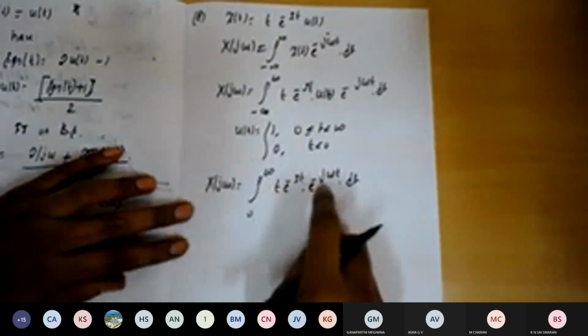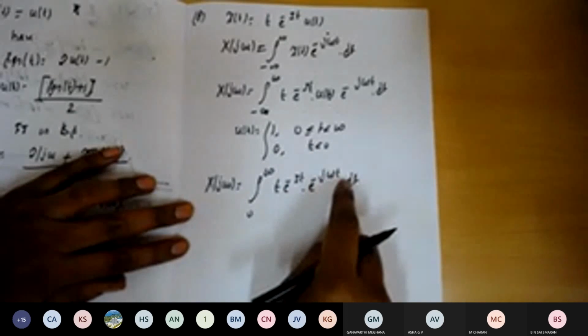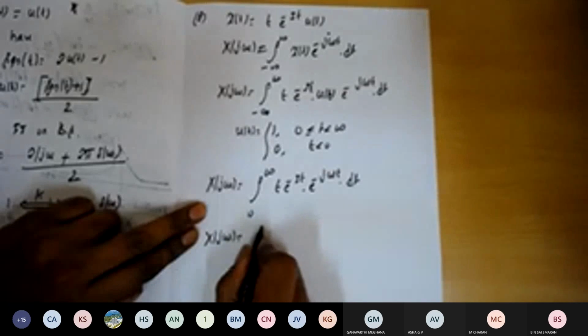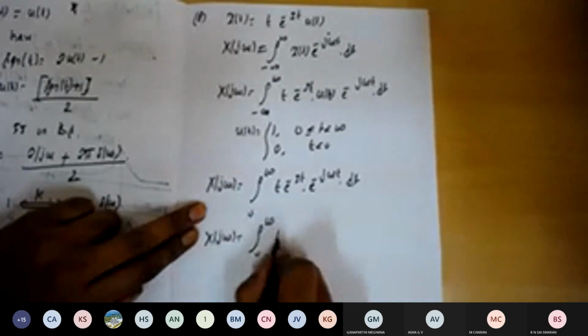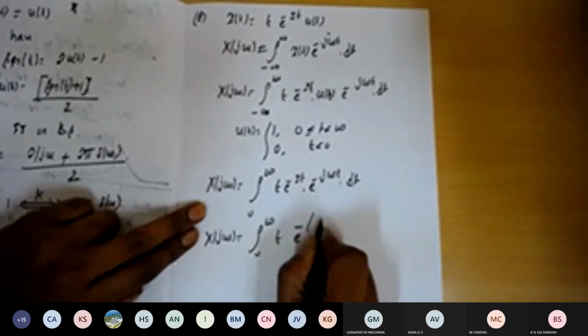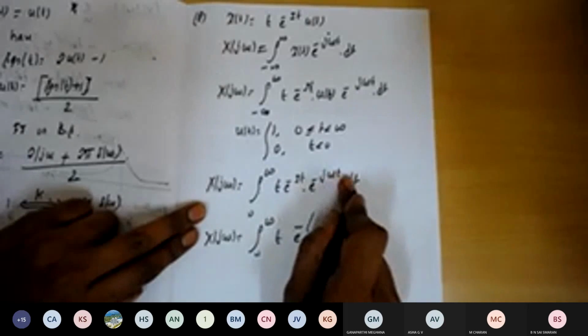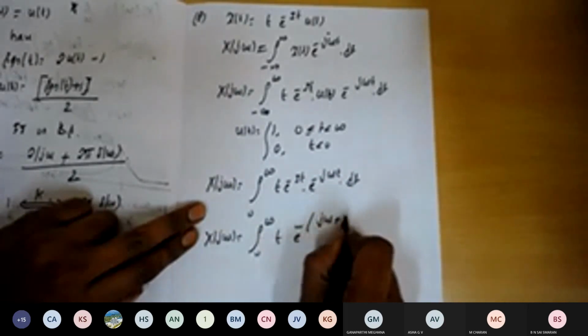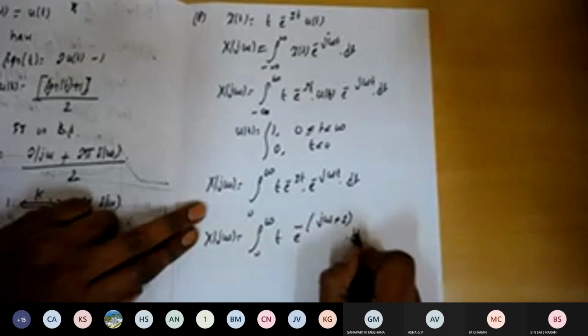Since plus infinity is there, I'll take minus t common here. So X(jω) is the integral from 0 to infinity of t e^(-t(jω + 3)) dt, where the remaining term, after taking minus t common, is jω plus 3, or 3 plus jω.